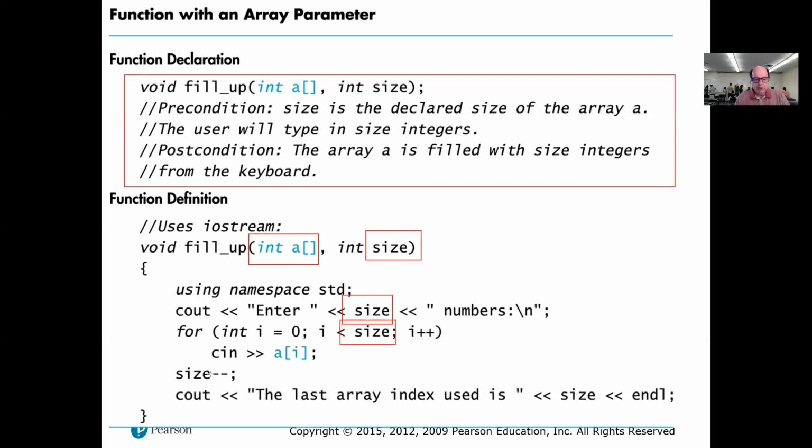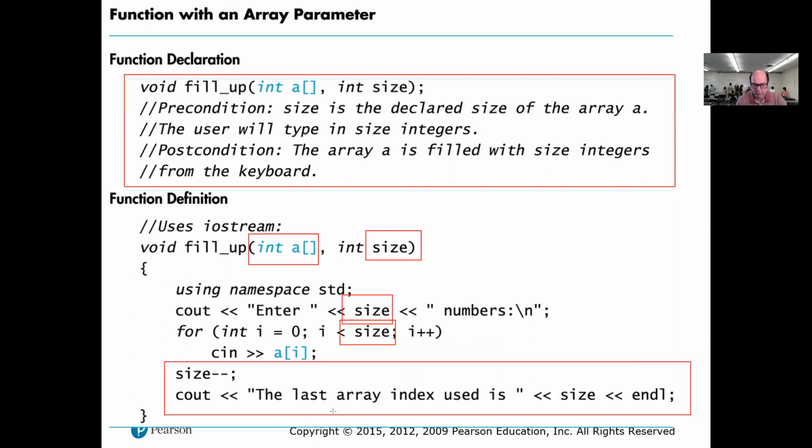And then it's going to deduct 1 from the size to say what was the index of the last one. Remember, your last index is always 1 less than your size. So if my size was 10, my last index was 9. That's what it's printing. It's not necessary to print that, it's just doing it. So generally your fill up function wouldn't have these 2 lines at the end. Just that's the way it's going to fill up.